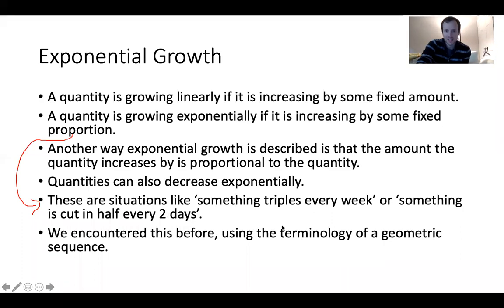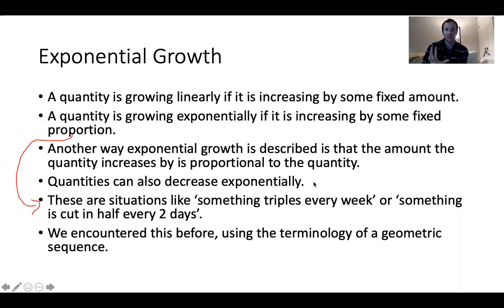As in the second example here, something is cut in half every 2 days. There, your quantity is being halved, so it's not growing exponentially, but it is decreasing exponentially, which is sometimes called exponential decay.